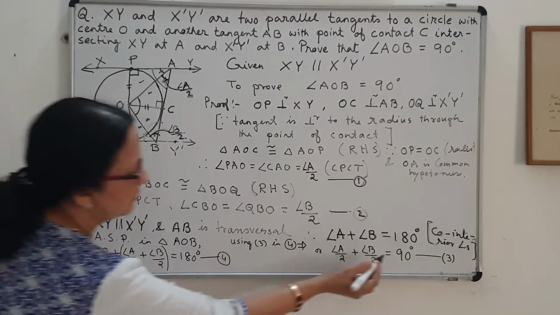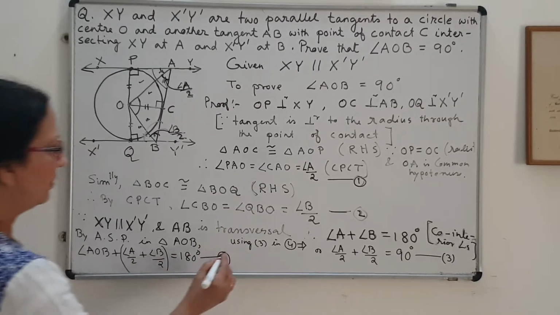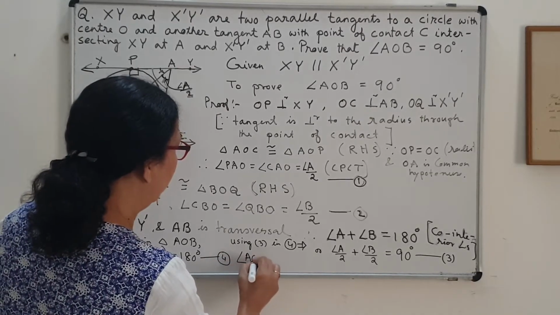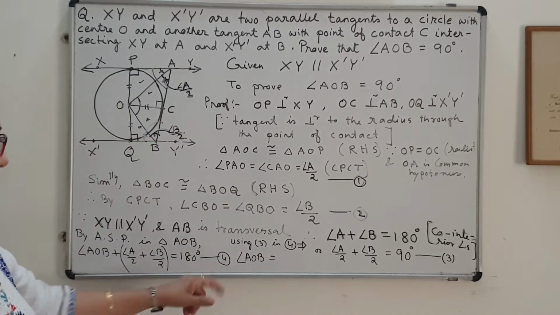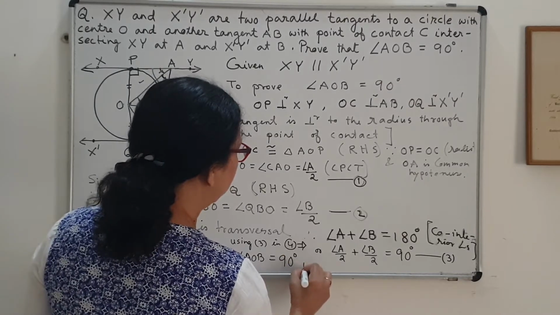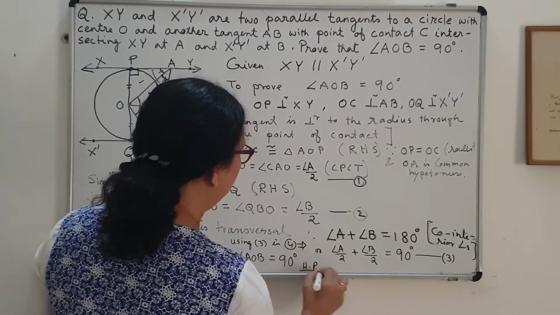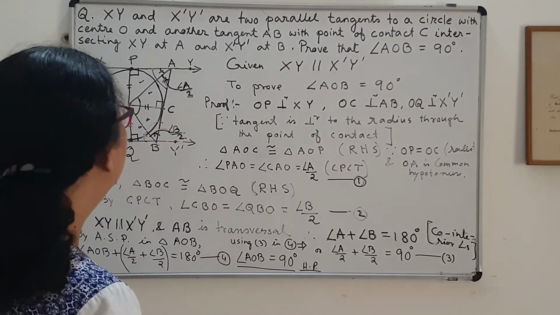Here I will be putting this value 90 degrees. So AOB plus 90 is 180 degrees, so angle AOB will be 180 minus 90, so it is 90. You have understood this part, I think. I have not written the steps because there is no space. So hence proved. In this way prove it.